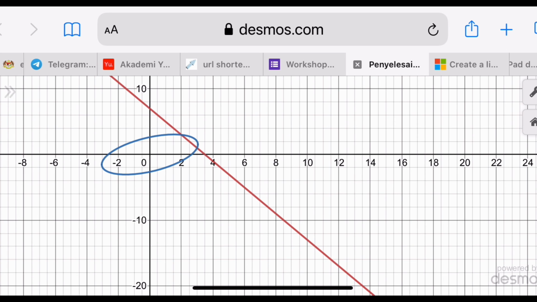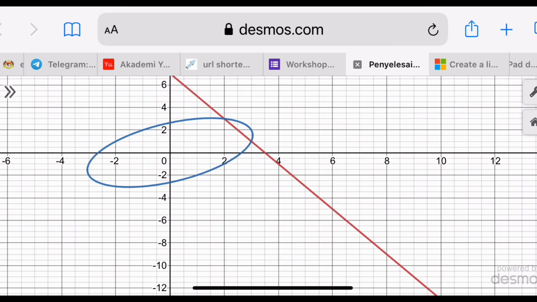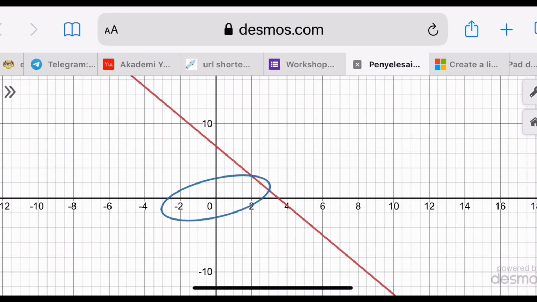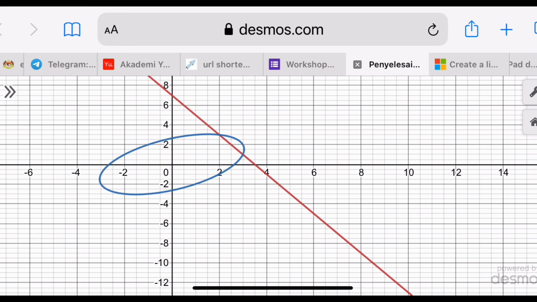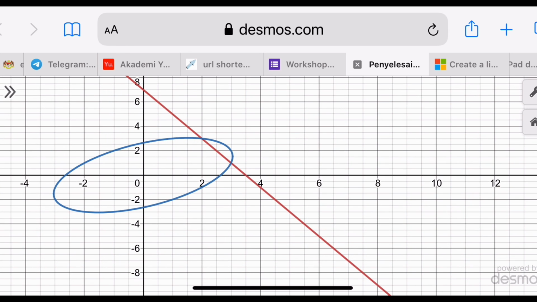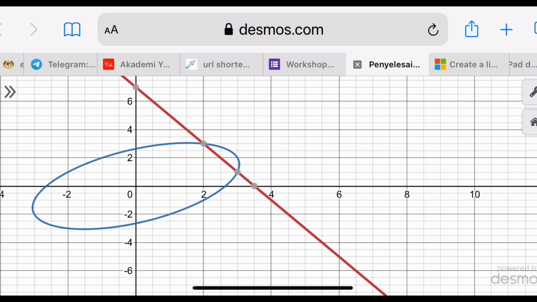It's an oval shape, right? Okay, oval curve, not shape. This oval curve is intersecting the straight line at 2 points, 2 intersection points, which is the same answer we found just now, (2, 3) and (3, 1).